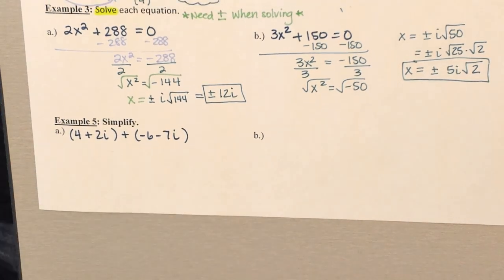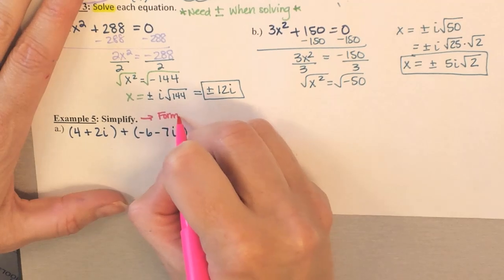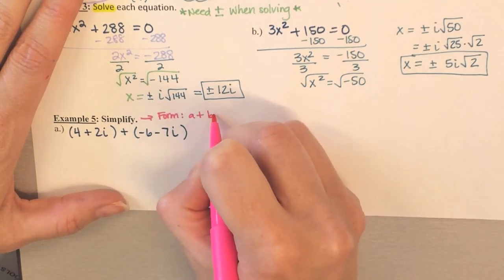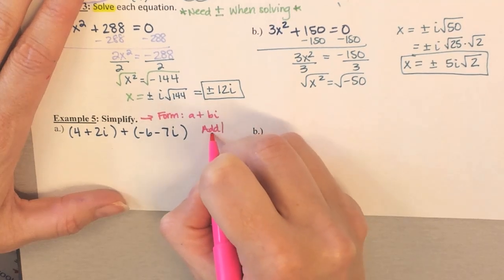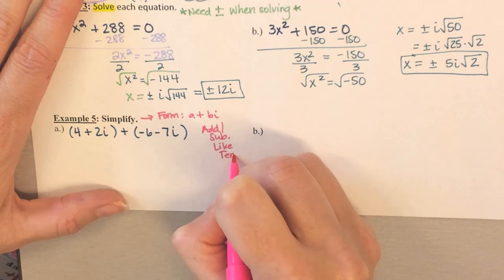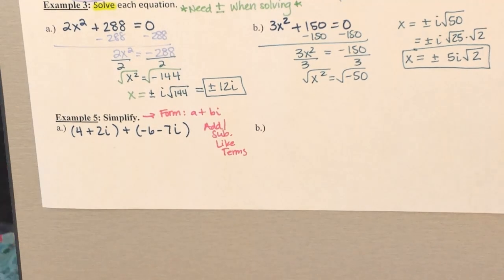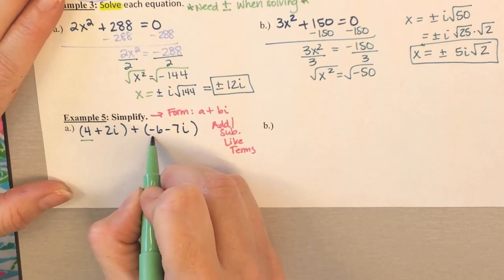So if it's asking you to add, you're going to add like terms, and then you have to put this in the form a plus bi. Okay, and then all you have to do is add or subtract like terms. So here, your like terms are going to be the real numbers and the imaginary numbers.